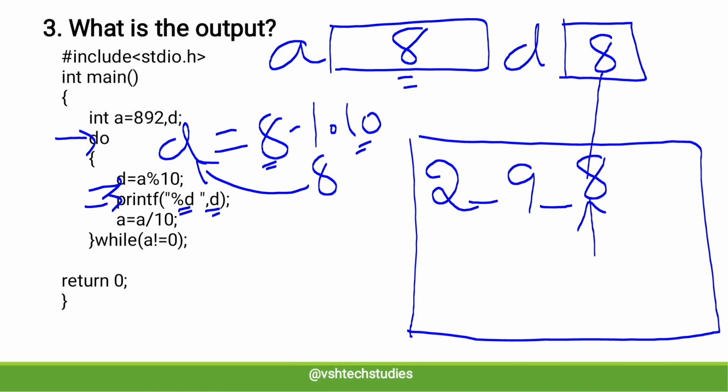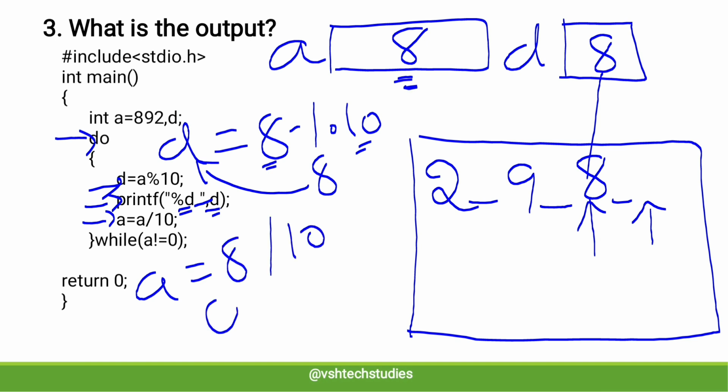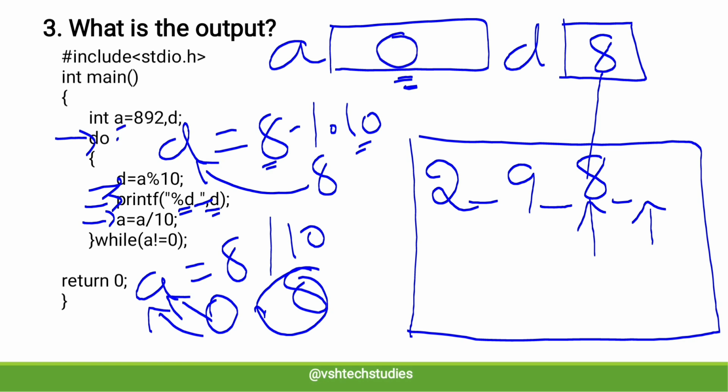It was left here and a space is left. The control will stand here. The third instruction is A equal to A divided by 10. A is 8 divided by 10, which is 0.8. That must be assigned to A. This 0.8 cannot be saved and hence only 0 is saved because A is integer. So here 8 is taken out and 0 is saved in A.